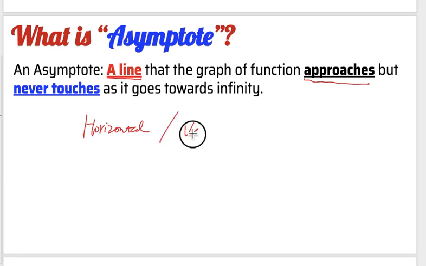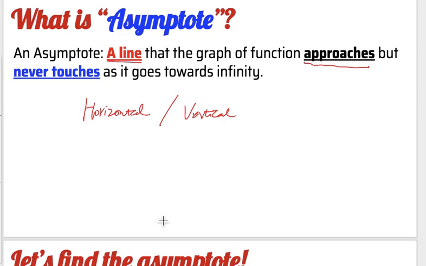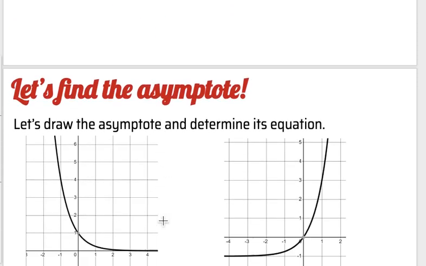Sometimes we even have vertical asymptote. Different types of function have different situations, or even combined types of asymptotes. So let's quickly check the example we are going to work on to have a better understanding of this idea, asymptote.